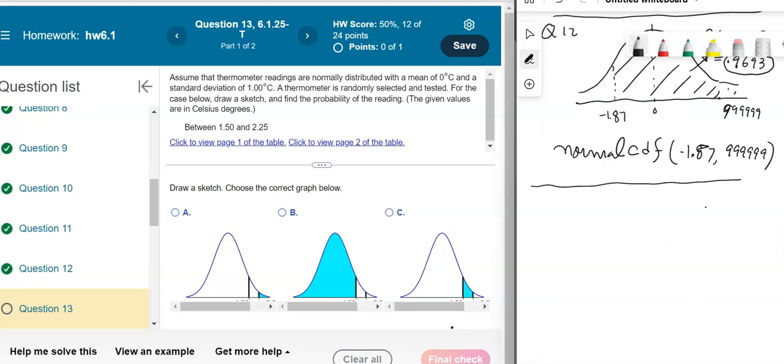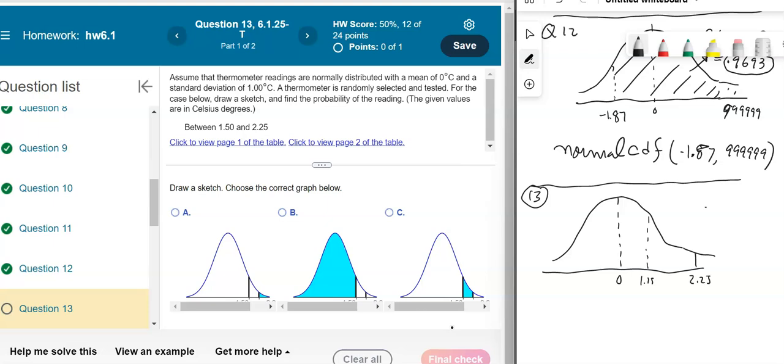13 is between, area between 1.5 and 2.25. So this is number 13. 1.5 is, middle is 0, so 1.5 is somewhere around here. And then 2.25 is over here.